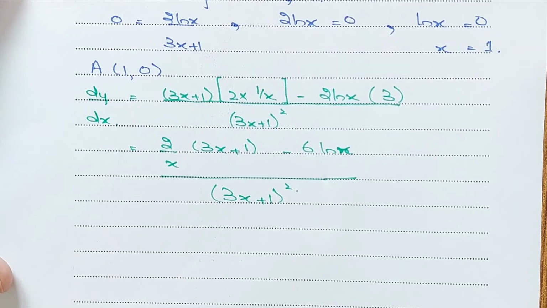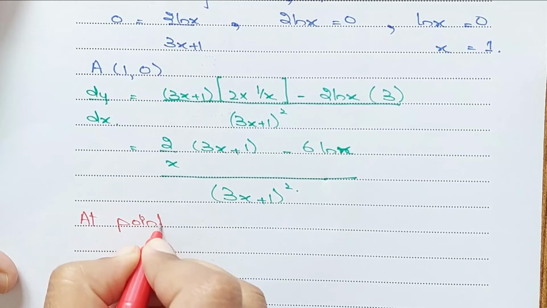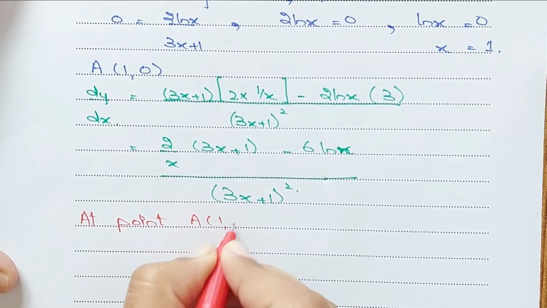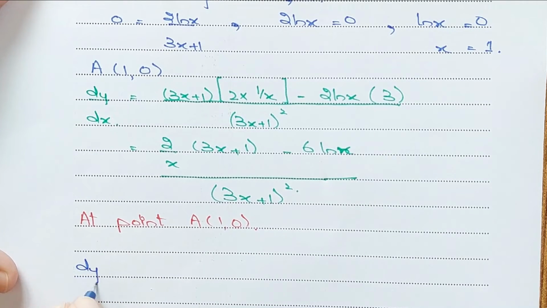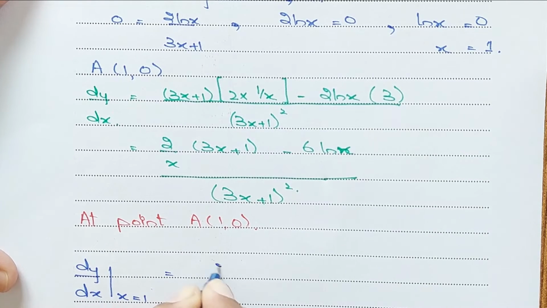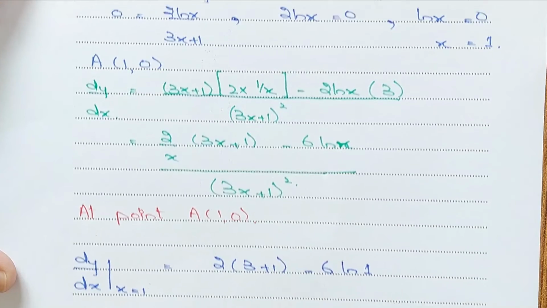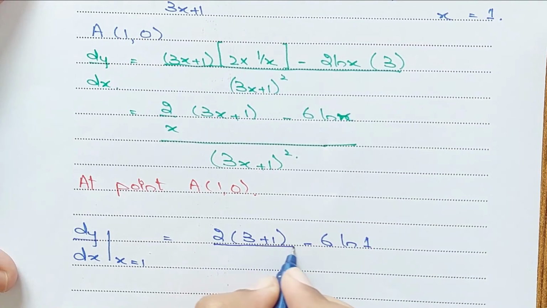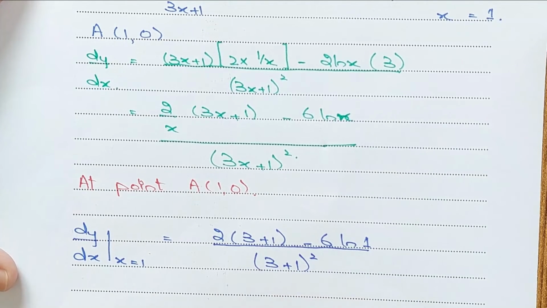So this is the gradient of the curve. Now let me find the gradient at point A. At point A, which is (1, 0), x is 1, y is 0. So dy by dx at x equals 1: we have (2 times (3 plus 1) minus 6 ln 1) divided by (3 plus 1) whole squared. And ln of 1 is 0.